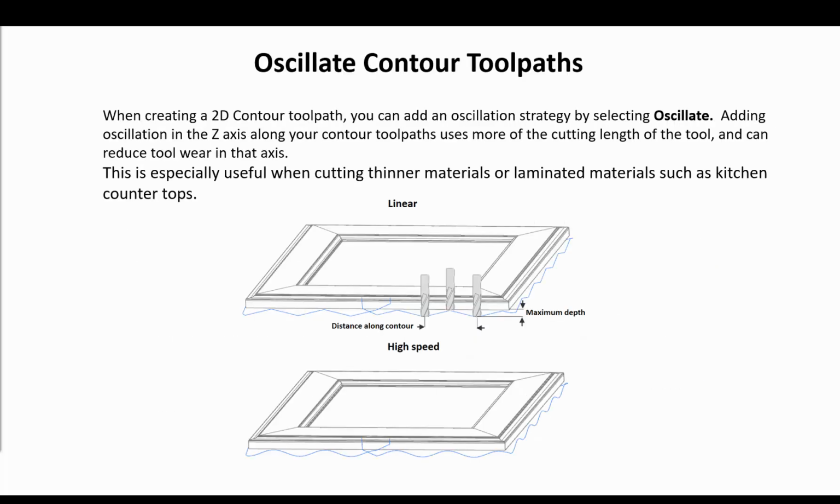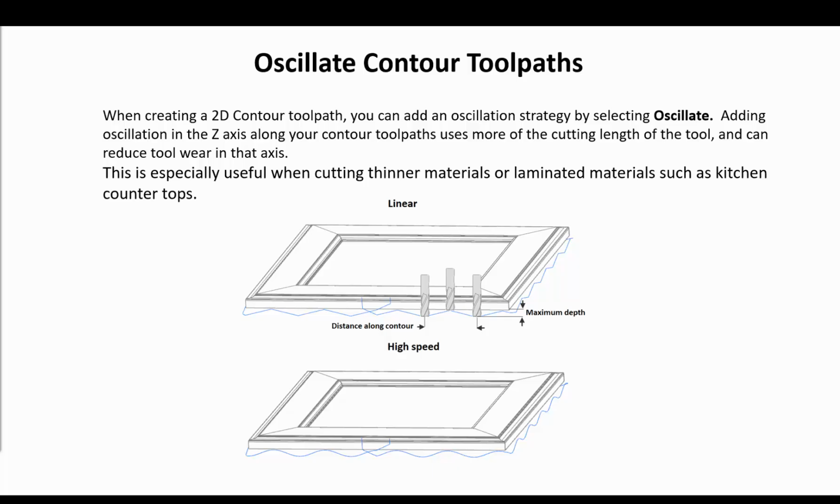When creating a 2D contour toolpath, you can add an oscillation strategy by selecting Oscillate. Adding oscillation in the Z-axis along your contour toolpaths uses more of the cutting length of the tool and can reduce tool wear in that axis. This is especially useful when cutting thinner materials or laminated materials such as kitchen countertops.